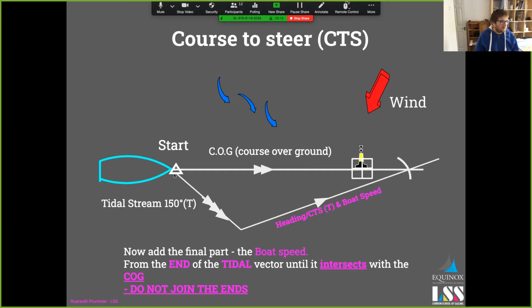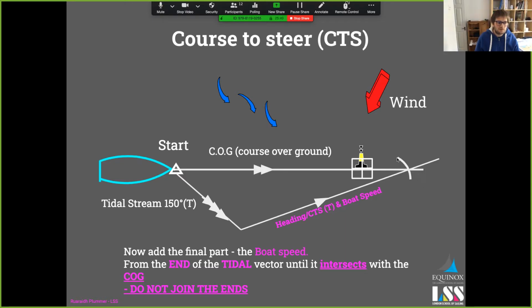We then find out what the tide is doing for this hour. The tide happens to be on 150 degrees, let's say for 2.5 knots. I then apply my 6 knots of boat speed, and this intersect point is key, because what does that represent?